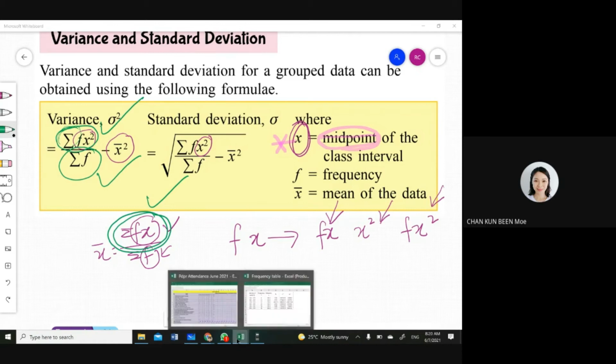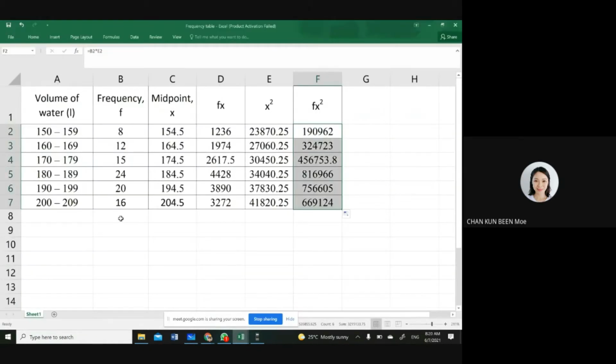Okay, so we go back here. Total frequency we need to find out. So I just put the formula. You find out the total frequency. You calculate it on your own. So it will be 95 for this one. Total fx is the same thing.